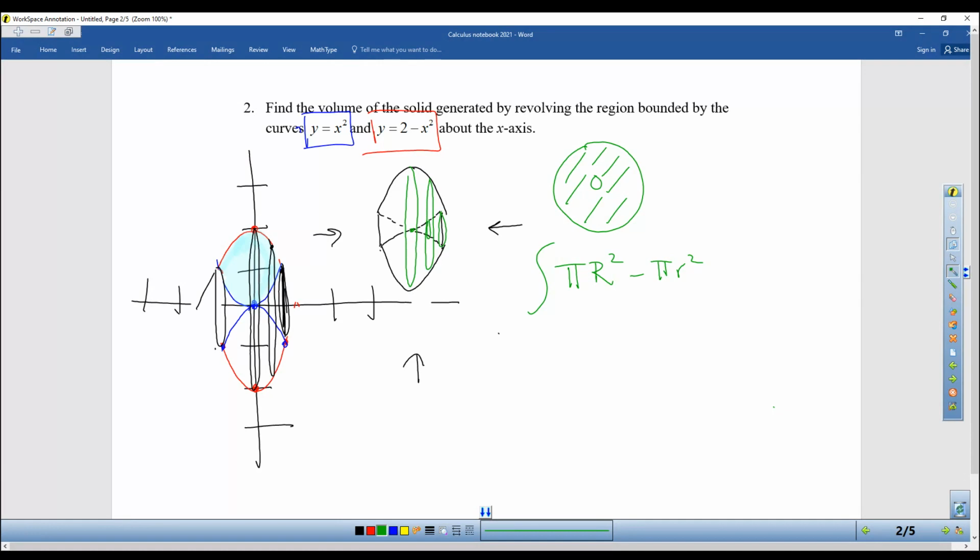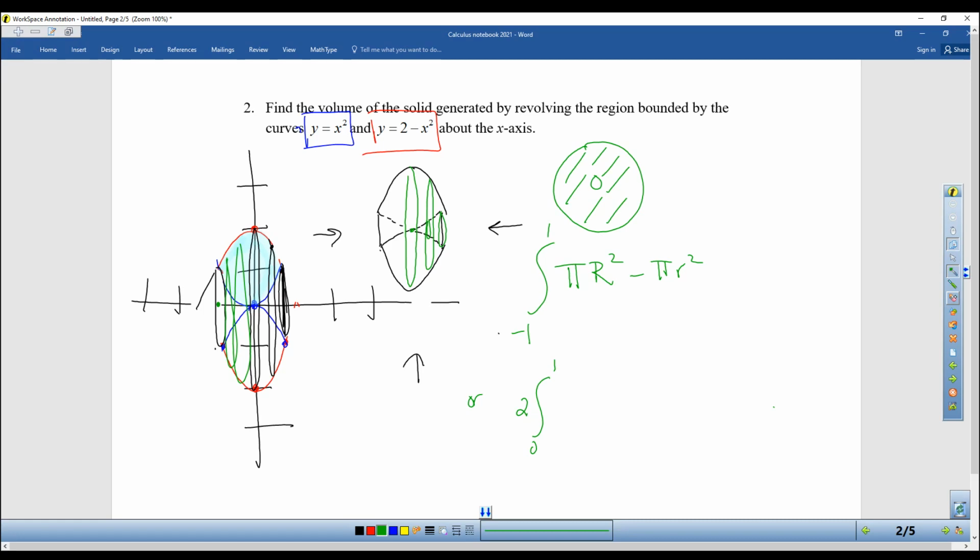I want to add up all of the washers from, where am I going to start my slicer? I'm going to start my slicer over here at -1, and I'm going to keep slicing until I get to +1. Or you may want to start at 0 and go to 1. Do you know what I'm going to do? Multiply by 2, because they're symmetric, so it's the same on both sides.